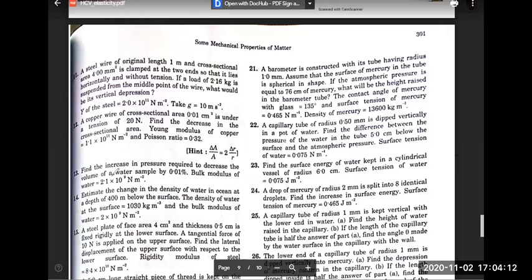Now, when you talk about question 14, think about it. Estimate the change in density of water in the ocean at a depth of 400 meters below the surface. The density of water at the surface is given. Bulk modulus is given. Now, what do you think will happen? What will change? Will mass change?